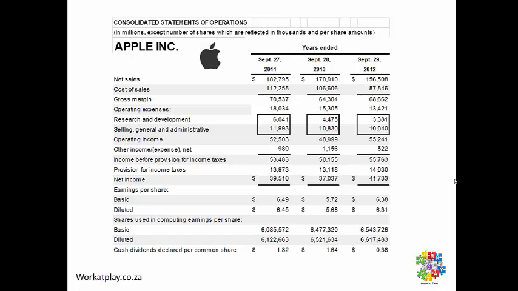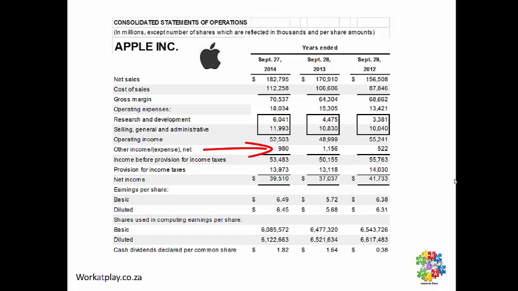And if we're looking at September the 27th, 2014, you can see that they made a gross margin of 70 million. And then it's less their operating expenses, which is research and development, sales, general and admin. That whole block adds up to be the 18. You're left with the operating income. And then we have other income.